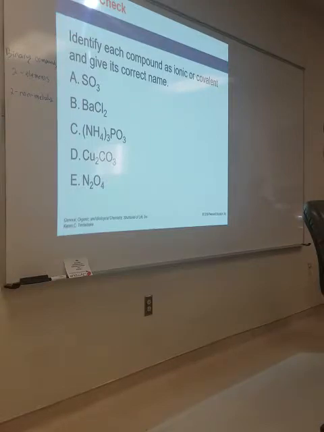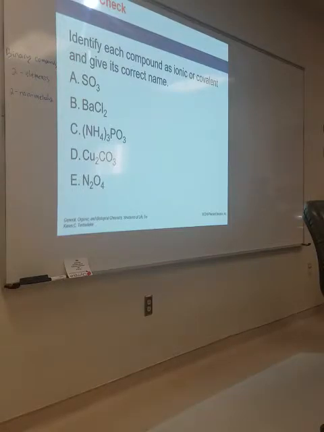Sulfur, metal or non-metal? Atomic number 16. Non-metal. Is that covalent or ionic? Covalent. Ba is barium, atomic number 56. Metal or non-metal? So is it ionic or covalent? Ionic.